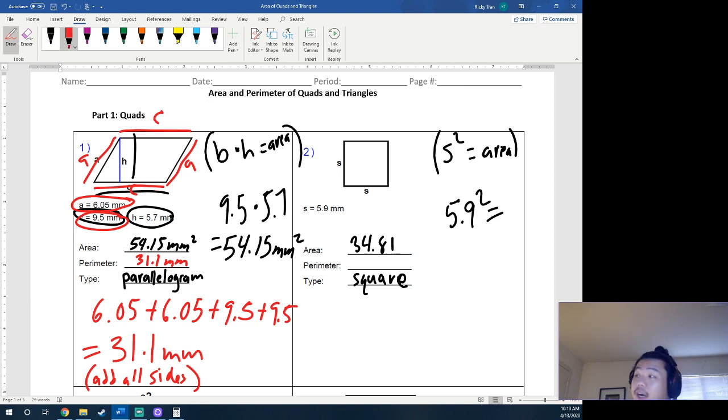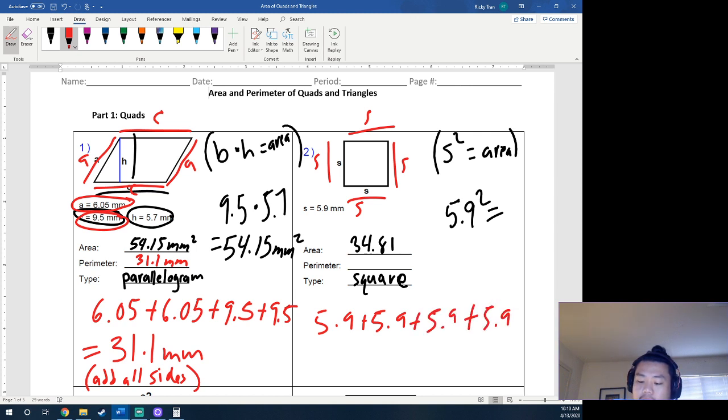And perimeter is, again, add all the sides. Good morning, Sahid. You're going to add all the sides here, here, here, and here. Since all the sides are the same, it's just S, S, S, S. Just take 5.9 plus 5.9 plus 5.9 plus 5.9.